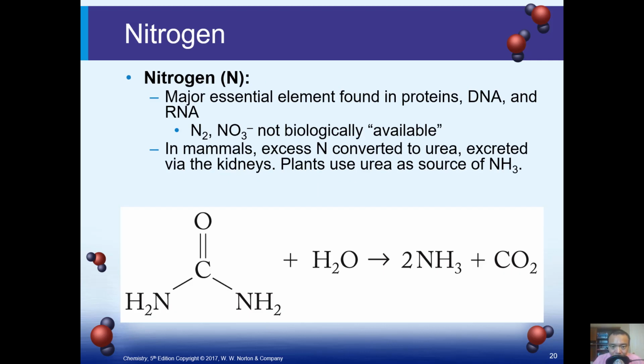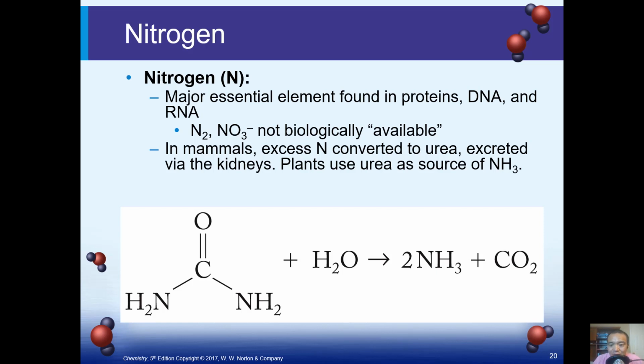What about nitrogen? Nitrogen is a major essential element found primarily in proteins, but also in DNA and RNA in the base pairs. Although abundant in the atmosphere as nitrogen, N2, and in soil and water as nitrate ions, NO3-, these forms of nitrogen are not available for use by the body.